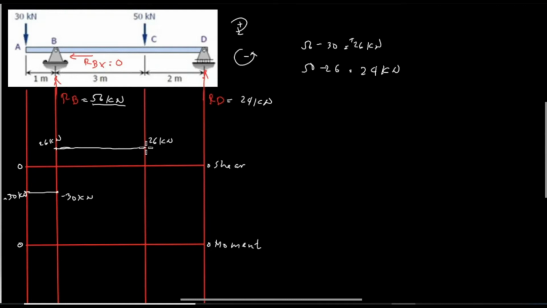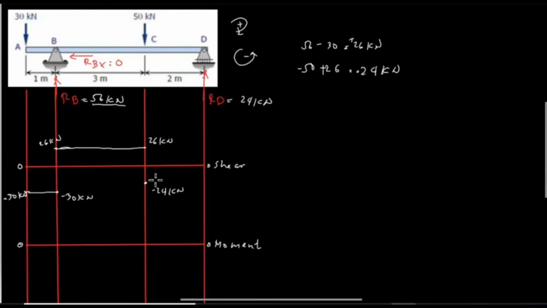From 26 going downward, this is negative 50 plus 26, and the value is negative 24 kilonewton, and this is the point, negative 24 kilonewton.